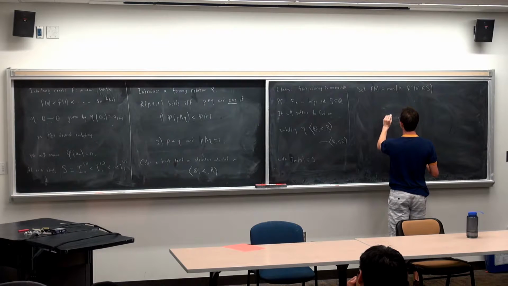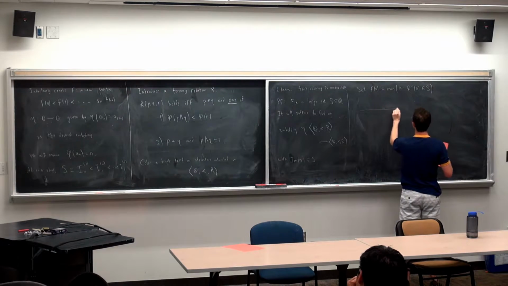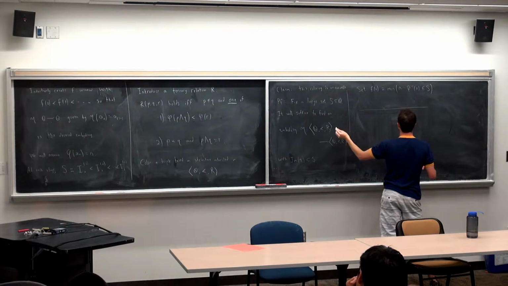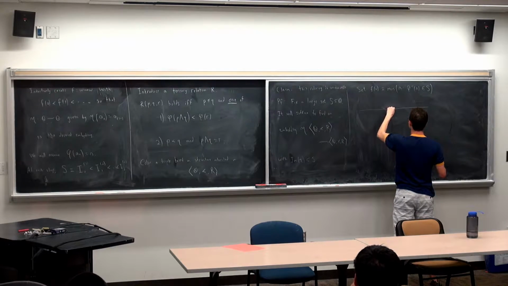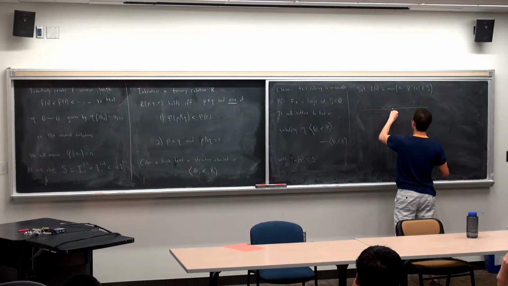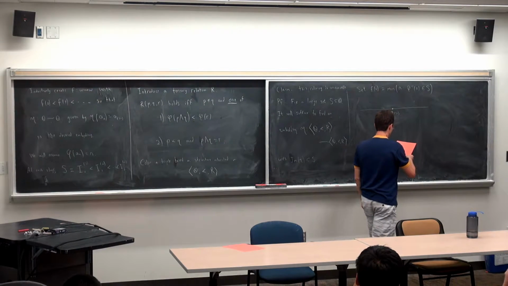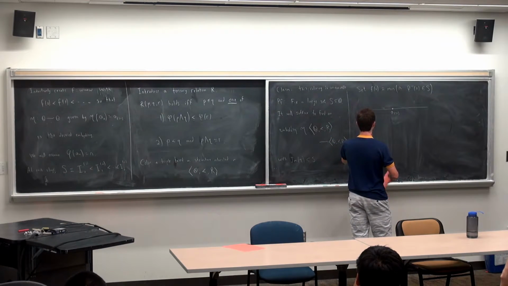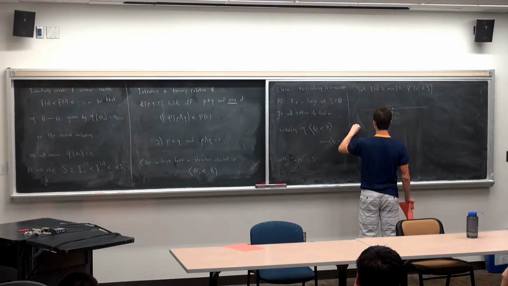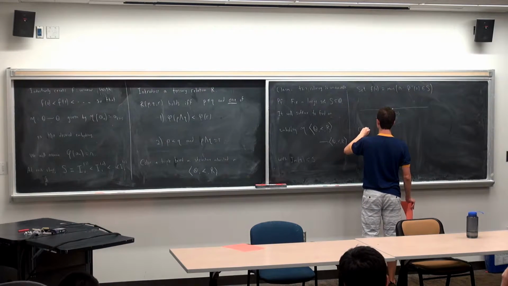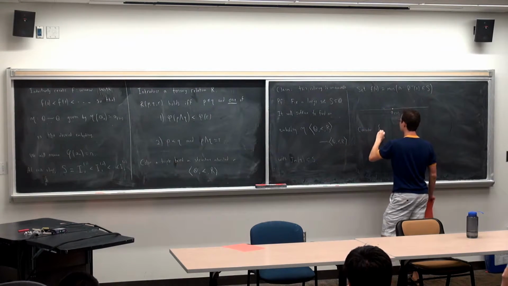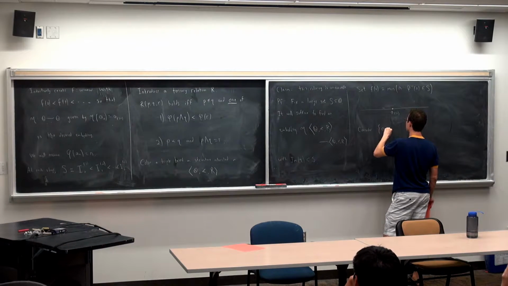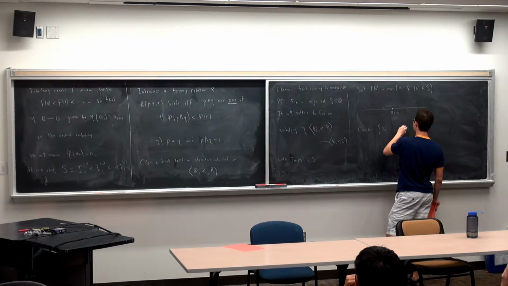So let me draw a picture. So this is going to be AF0. Now, consider the collection of AI for I less than F0.